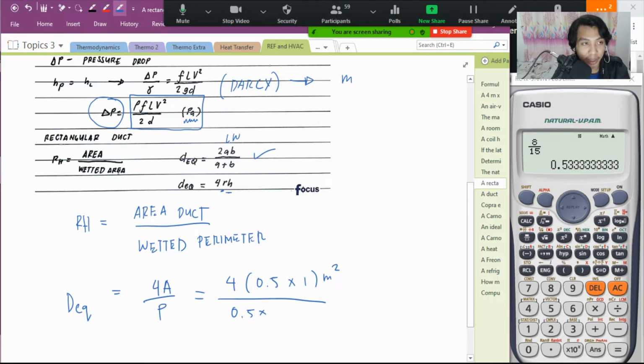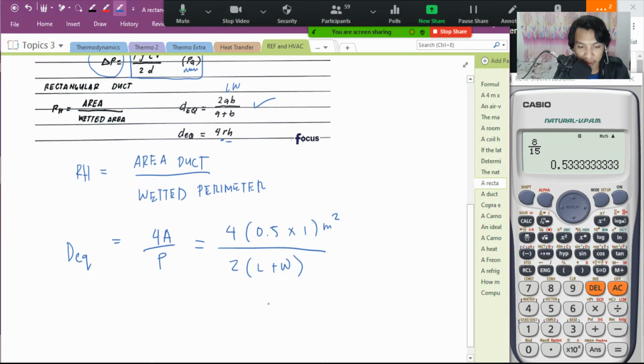Ayan yun. Wetted perimeter. Okay, ano po bang perimeter ng rectangle? O, di ba twice nung length plus width? So, equal to 4 times 0.5 times 1. Pero balikan ko kayo dito, hindi ko maalala eh. Tinuturo ko yan eh.